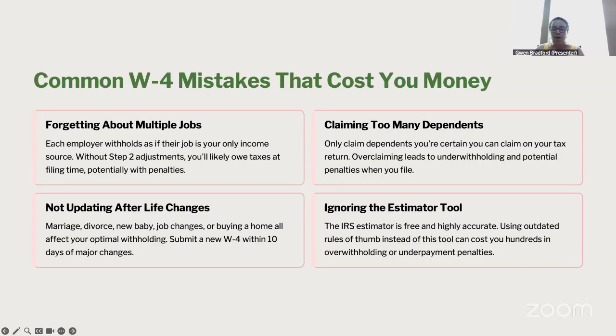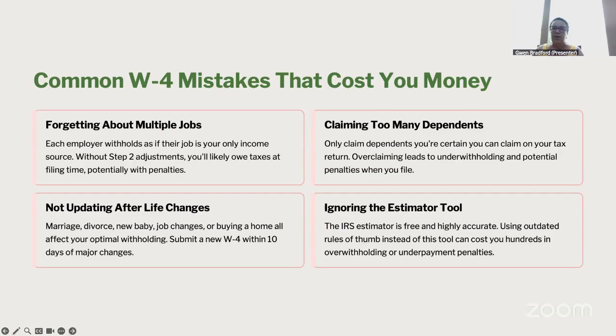Also, for claiming too many dependents, okay, they changed it because a lot of times on the old form you would have allowances, and you could have zero allowances up to, well, 99, because anybody that had over 99, we had to send their W-4 to the IRS.